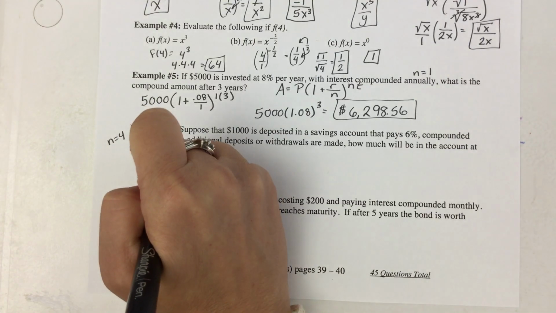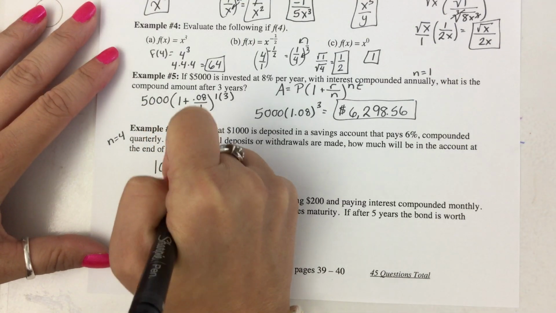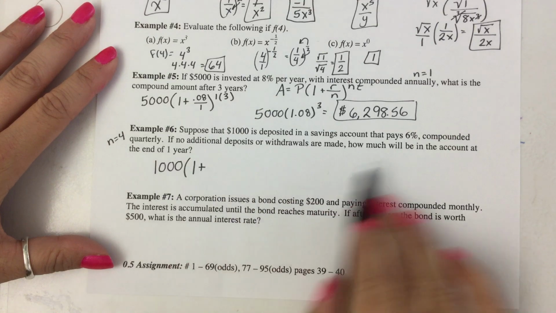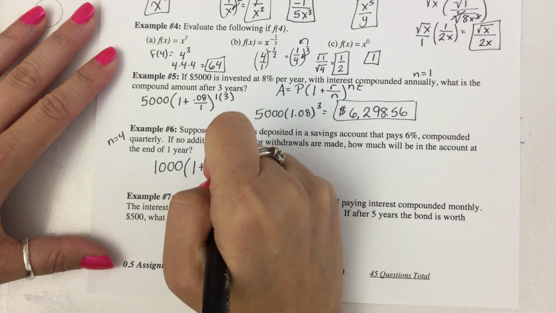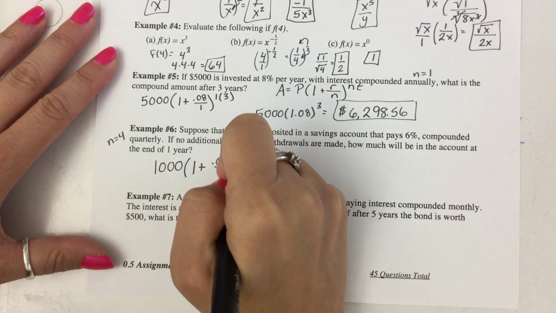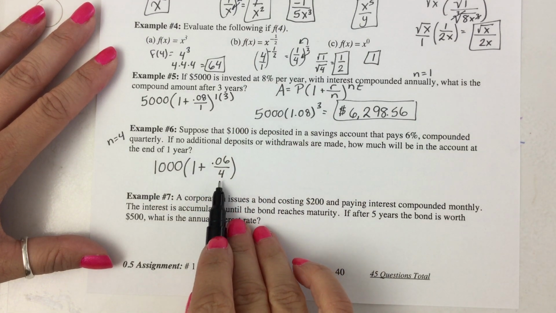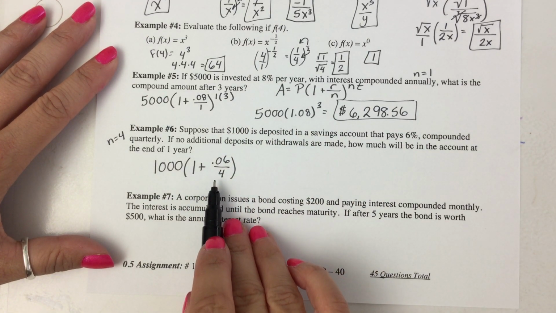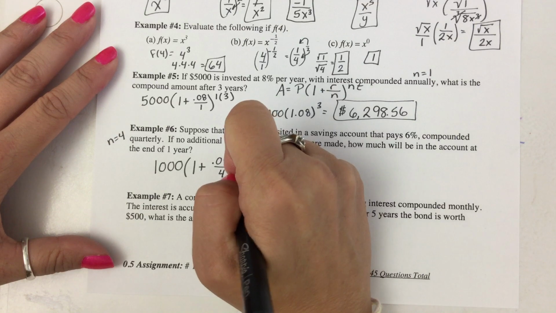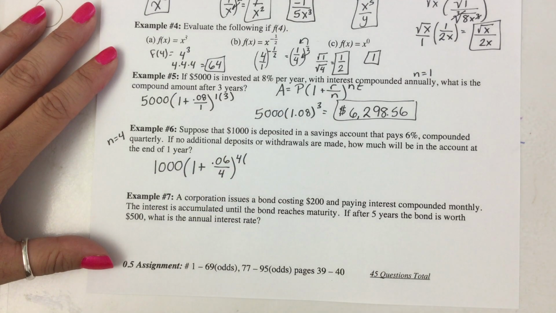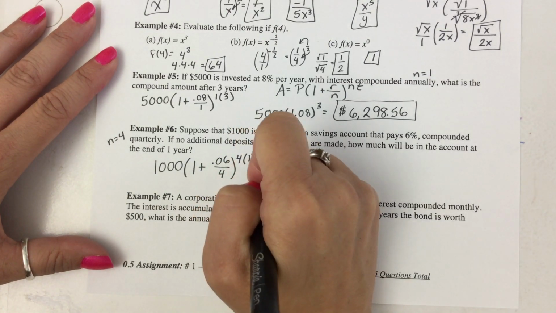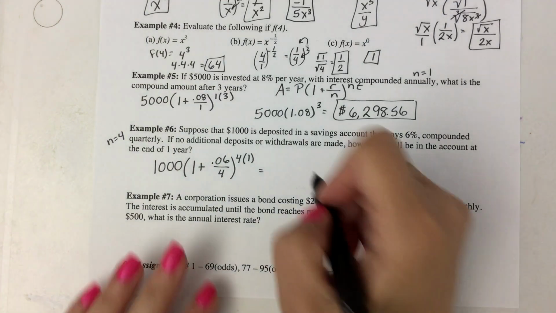So you are putting $1,000 in the bank. It's 1 plus the interest, 0.06 divided by 4, because it's the number of times that you are having money added to your account. Then it's that to the power of 4 times how many years are you keeping it in the bank? 1. So again, I can simplify this a little bit.